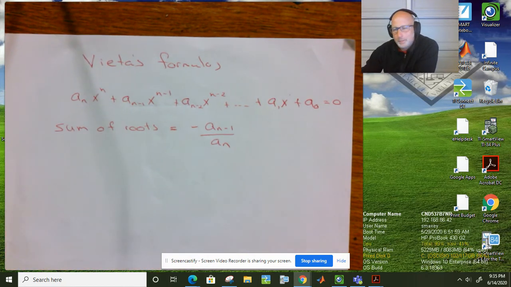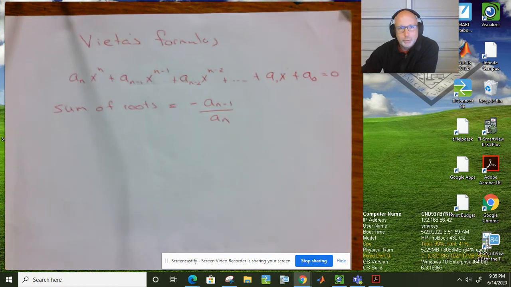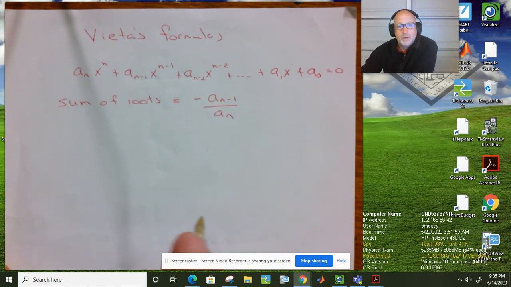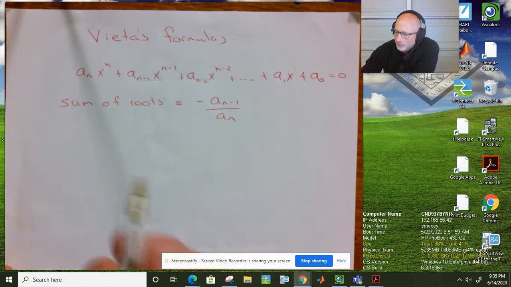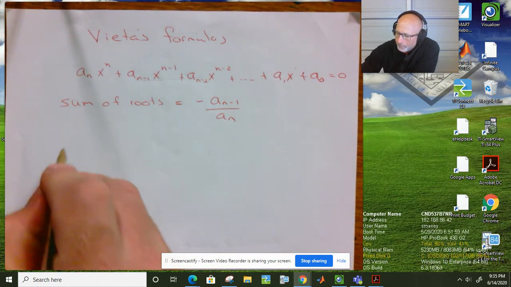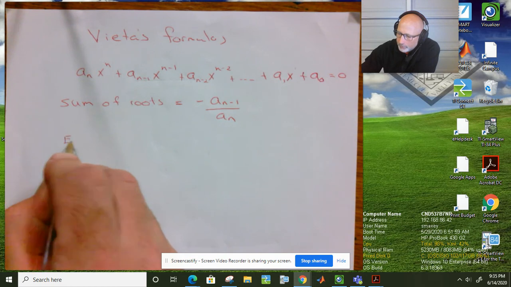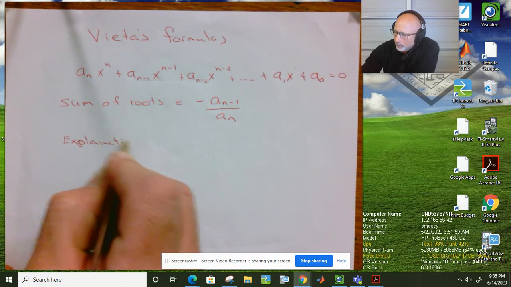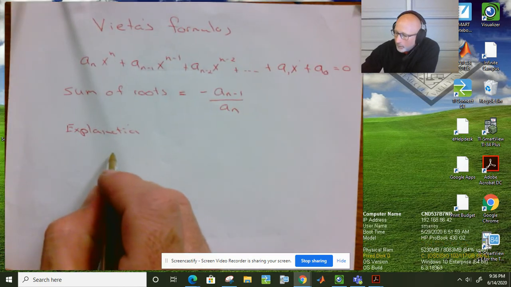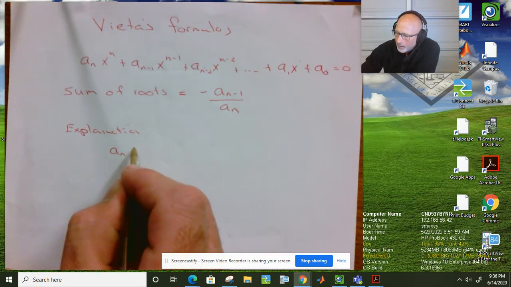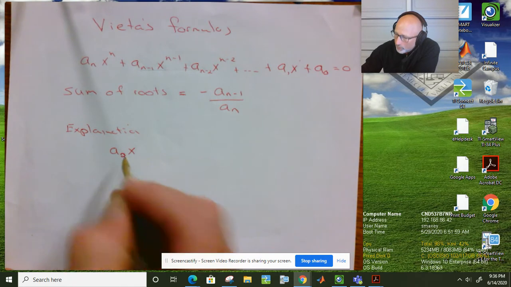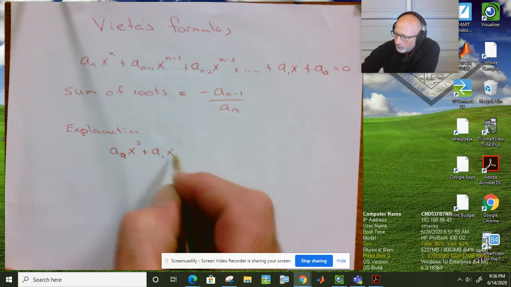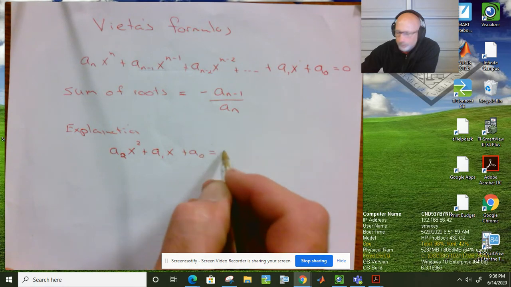Now let me do a quick explanation. This is not a proof by any means. This is just a demonstration with a quadratic. So say you have a quadratic in the form a_2 x squared plus a_1 x plus a_0 is equal to 0.